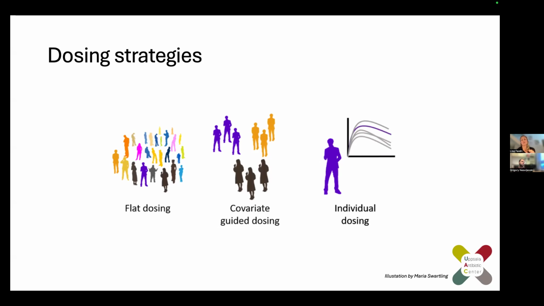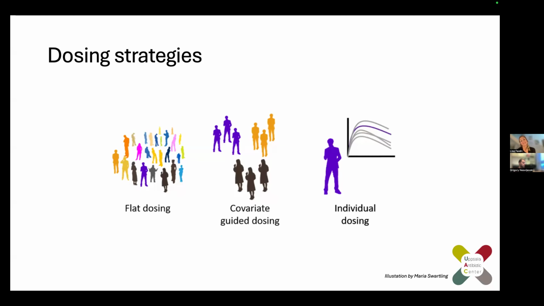The most precise way of dosing is individual dosing, usually called MIPD, or model-informed precision dosing, where we have a population pharmacokinetic model, and we insert the patient-specific information: the plasma concentration, covariates, dosing history, etc. The dosing software can predict an individual concentration curve and a recommendation of the dosing strategy.